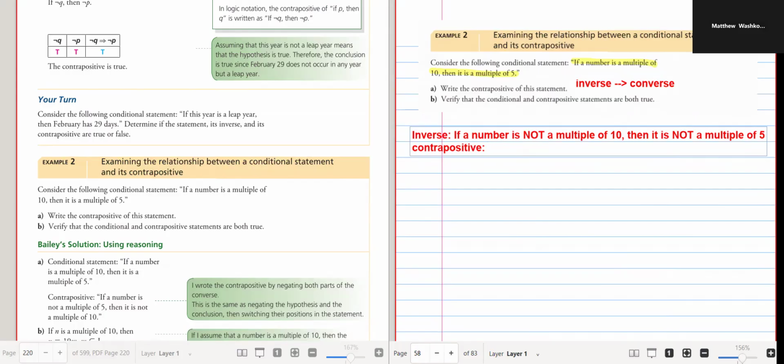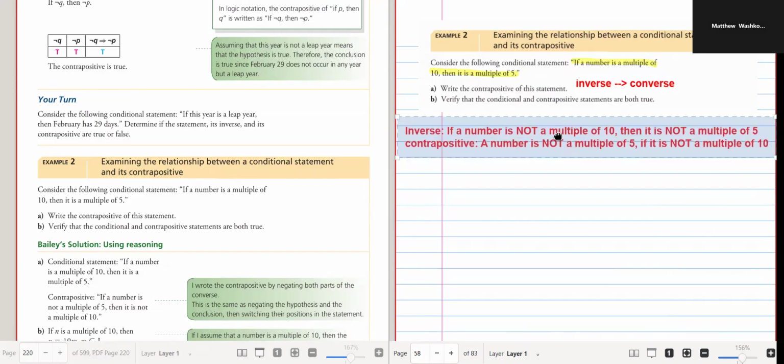If a number is not a multiple of 5, then it is not a multiple of 10. There's the contrapositive. I wrote the inverse here to help you out, because sometimes you struggle with doing both steps at once, and it's fine, just do it one at a time. So check, we've done A.